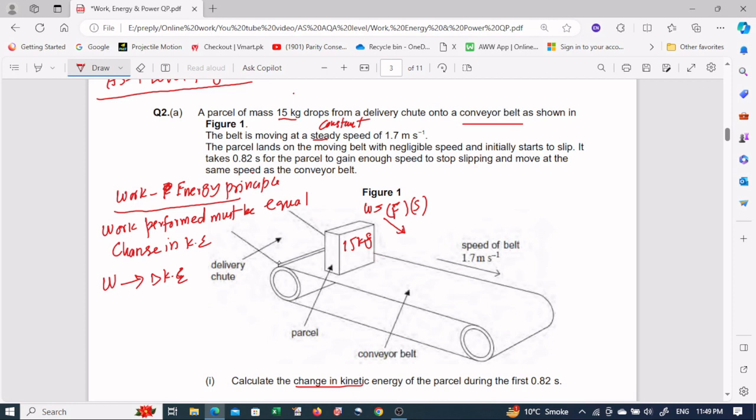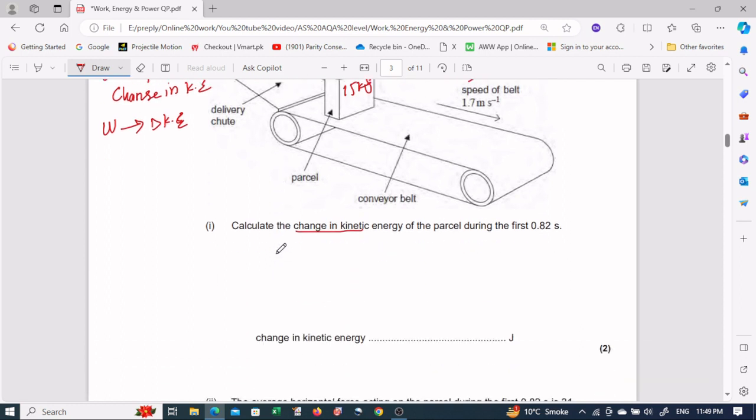Initially it is not moving, or its speed is less. When you apply the force, it covers some distance, so its speed increases and becomes 1.7 meter per second. Speed increase means it has kinetic energy; its kinetic energy changes due to the work done. So simply, change in kinetic energy is equal to work done.